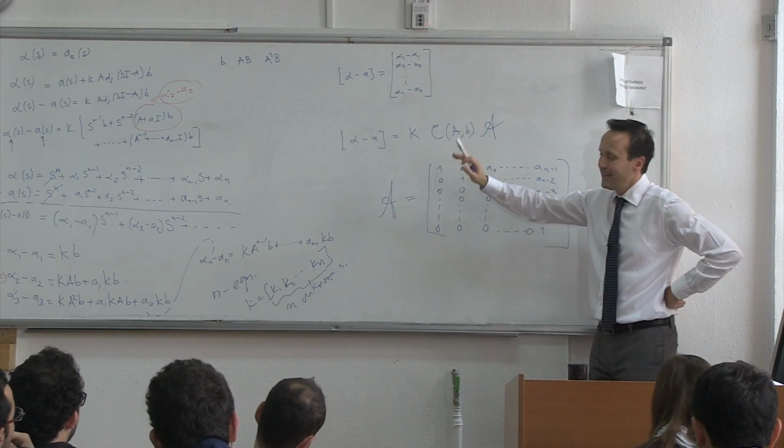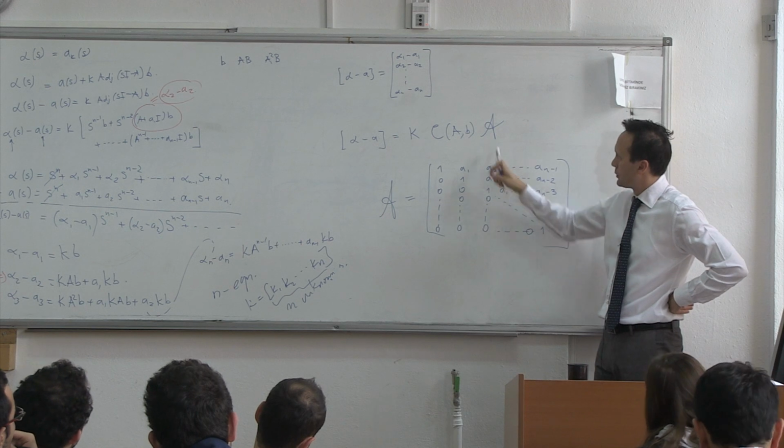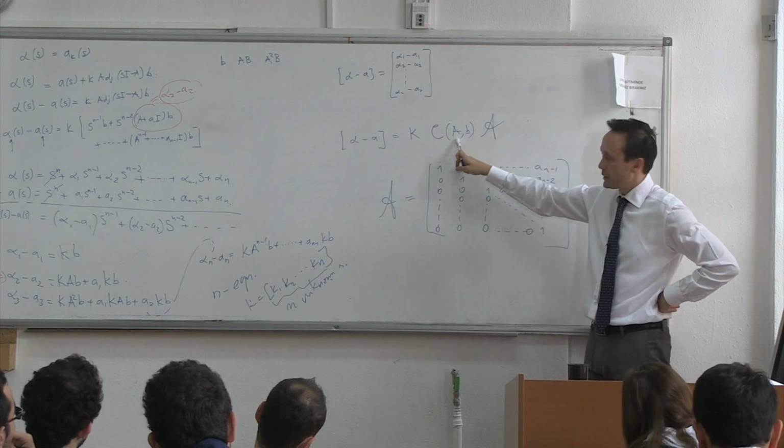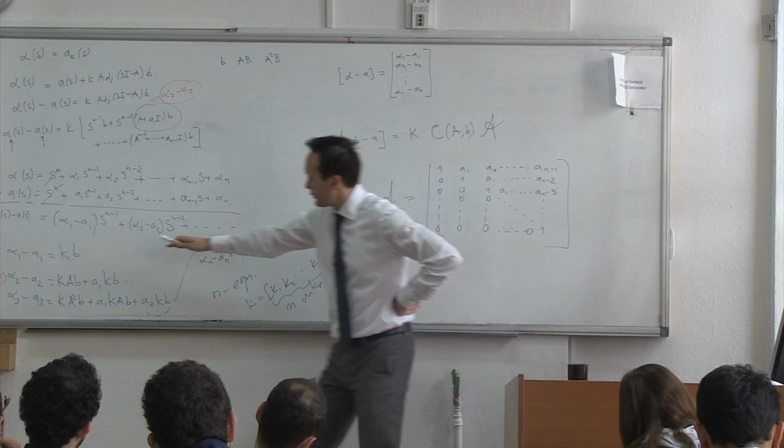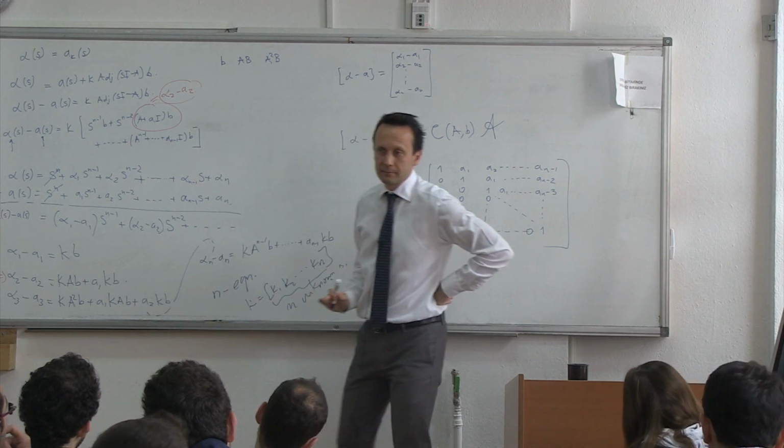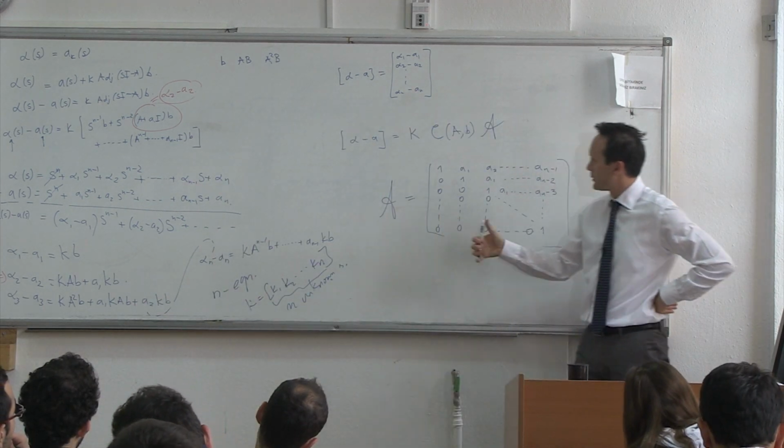So, my claim is that if you multiply this with the controllability matrix and with K, you will get these numbers. Okay? Just look at it.